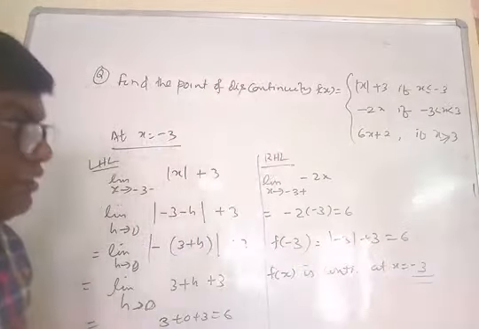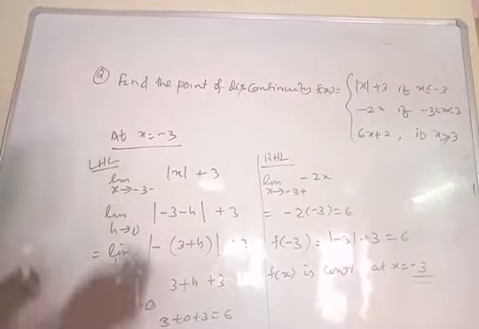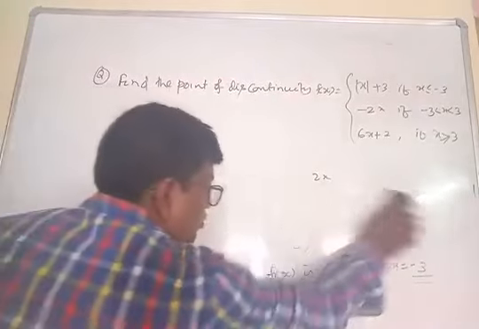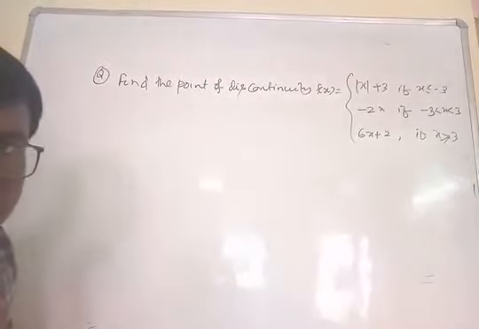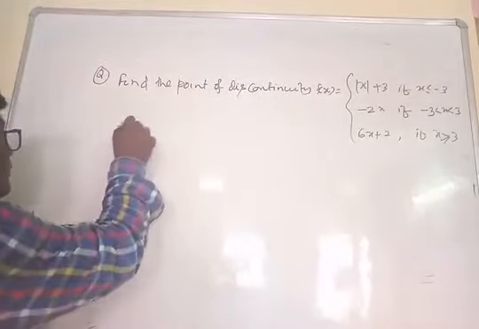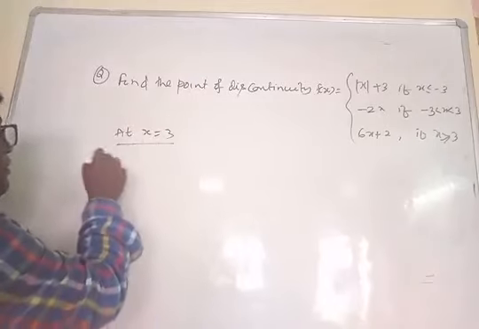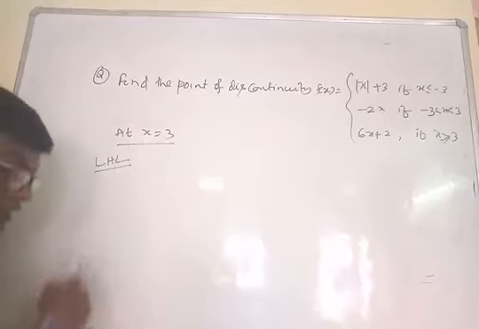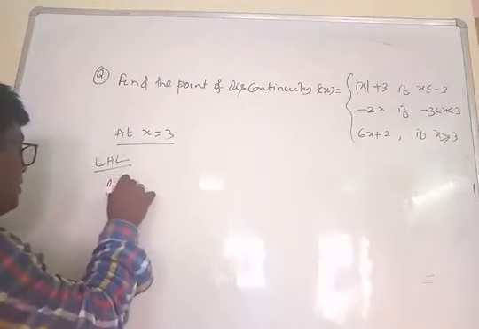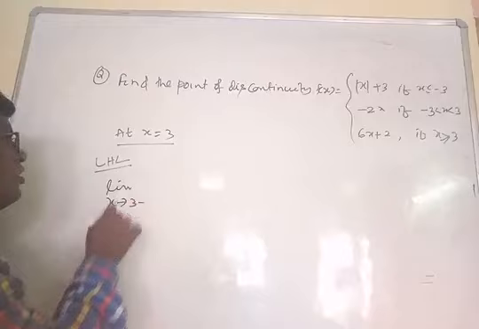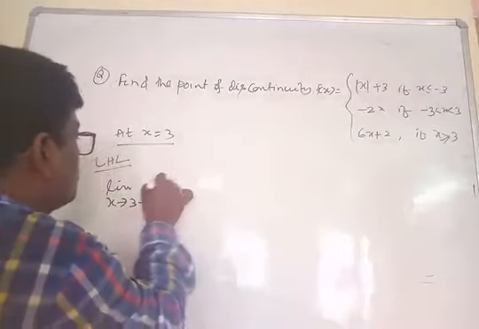Now at x is equal to 3, LHL, limit x tends to 3 minus, less than 3 means minus 2x.